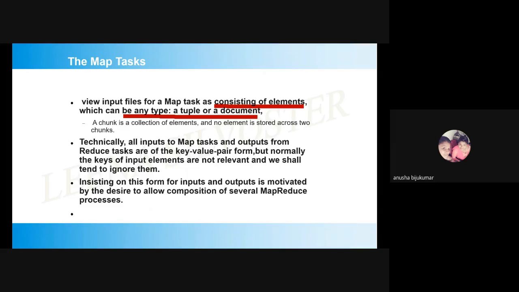Actually, the input and output of all map tasks and reduce tasks are of the key value pair form. But for the input to the map task, the keys of input elements are not relevant.